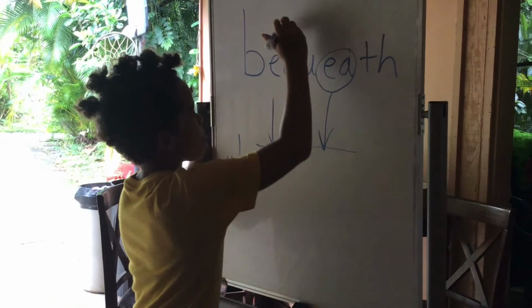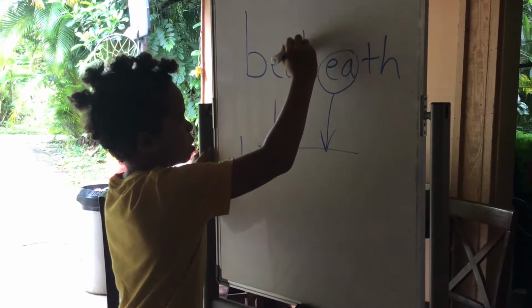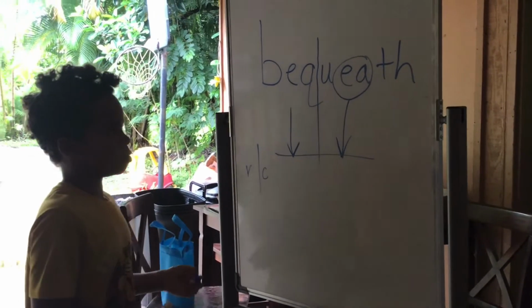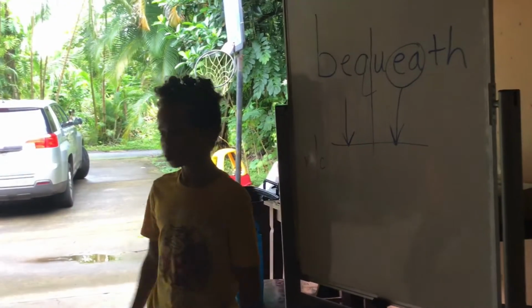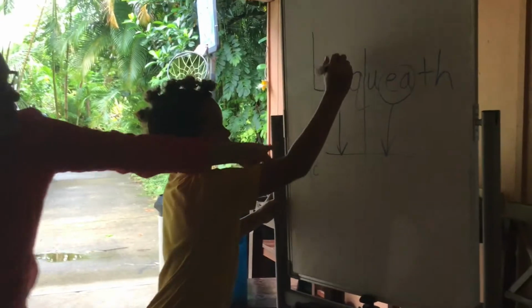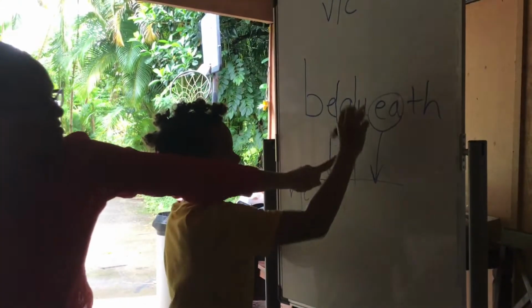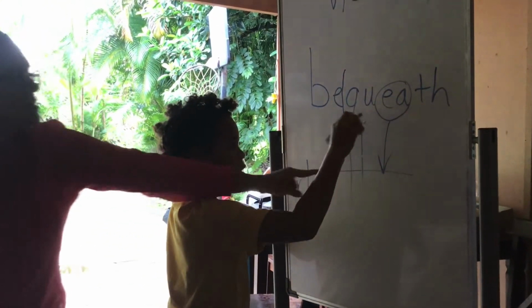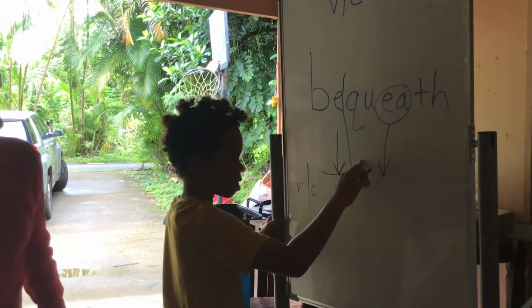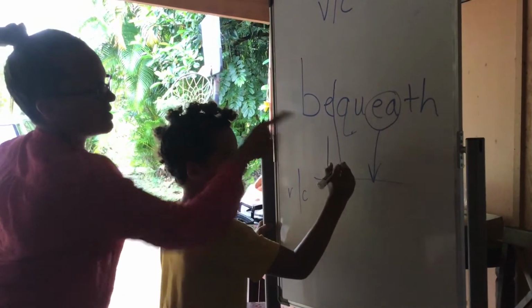It's in between the vowel and the consonant. So bring your C down. Write a C here for consonant.